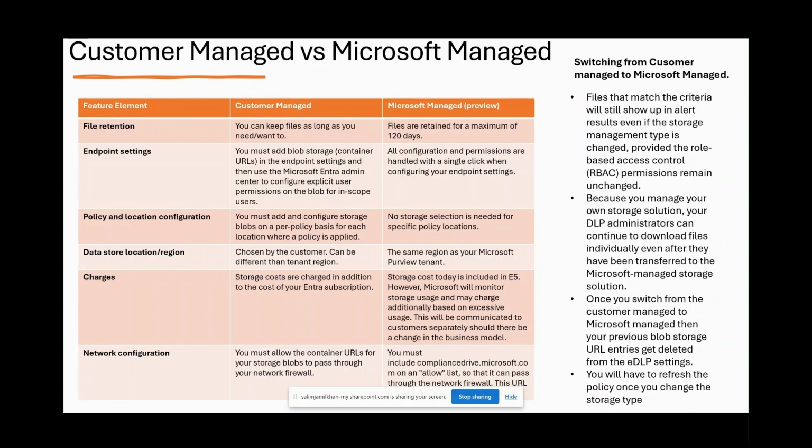Again, policy and location configuration: you must add and configure the storage blobs on a per policy basis for each location where a policy is applied. So for example, if you have say five storage URLs that you add in the global settings, when you have the customer managed storage enabled, then you have to go to each DLP policy and choose for which policy which storage account will be used.